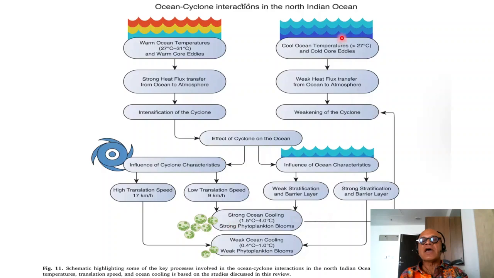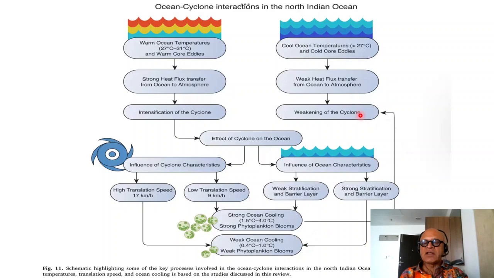So you also have cool ocean temperatures when they are less than 27 degrees centigrade, and cold core eddies, which would weaken the heat flux transfer from the ocean to the atmosphere, which tends to weaken the cyclone, and that is related to the strong ocean cooling that has already happened from, let's say, a slow moving cyclone, which reinforces the next cyclone that is coming in.